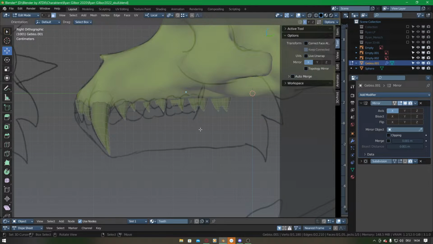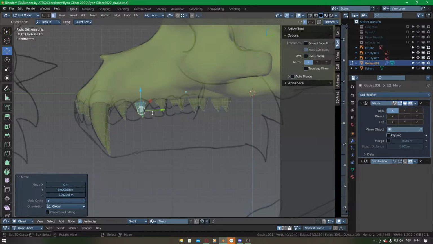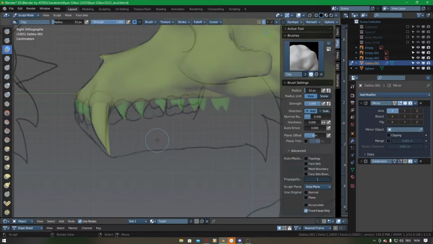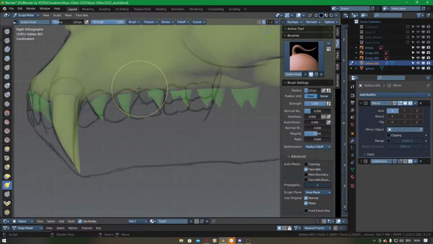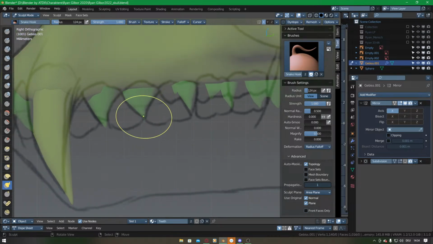So I think I've got one pair of teeth too much. So I have to delete this one. Yes, topology useful and actually working.